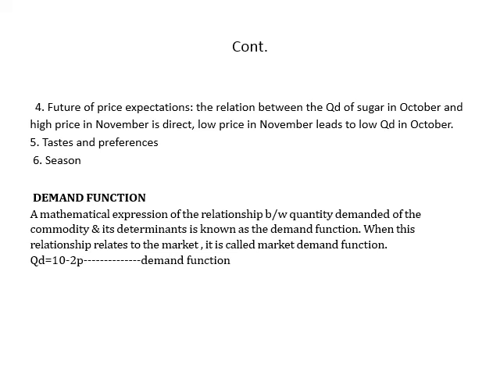That's why we call quantity demanded the dependent variable, while price is the independent variable. That means any change in quantity demanded results from the change in price. Any change in quantity demanded is a result of the change in price, and therefore we call quantity demanded the dependent variable, while price is the independent variable.